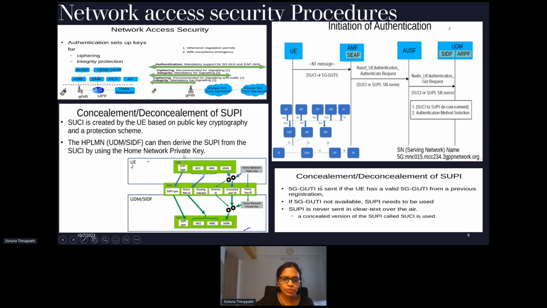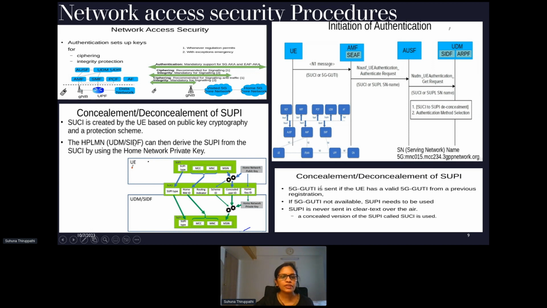So this is how the SUPI is converted into the SUCI by the UE. Once this SUCI is received by the network, using the home network private key, from these fields we obtain back the MSIN, the MCC and MNC, and then we obtain back the SUPI.